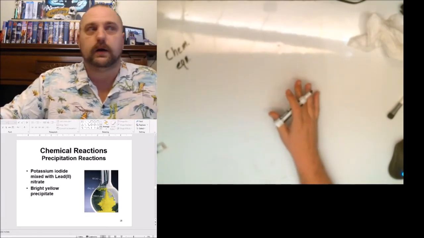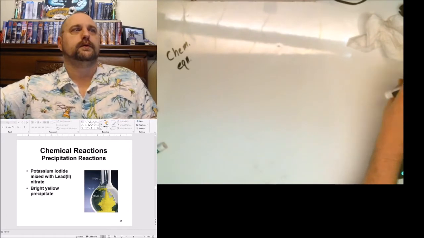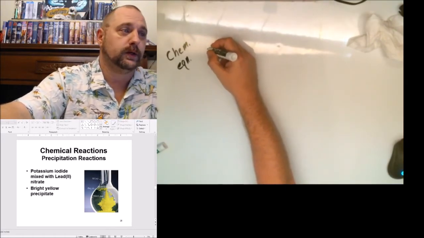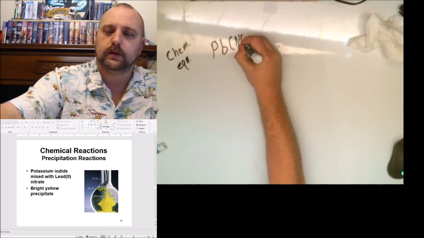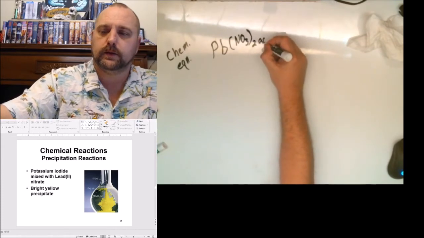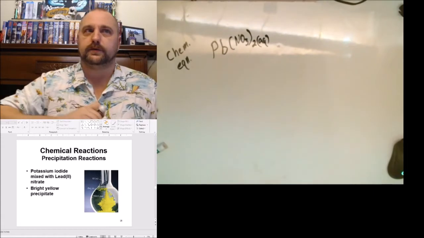All right. And so the chemical equation that we were doing here, we had Pb(NO3)2 aqueous. We may have to write it a little smaller.